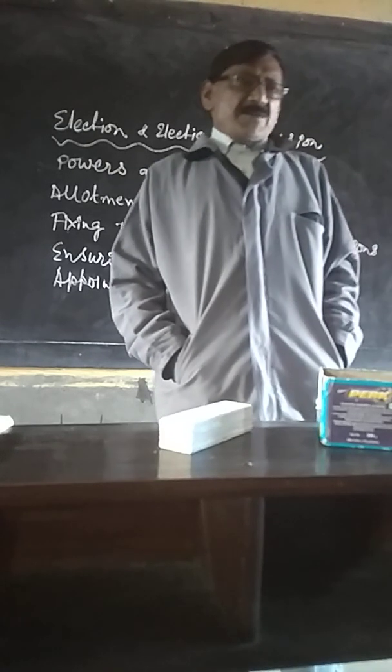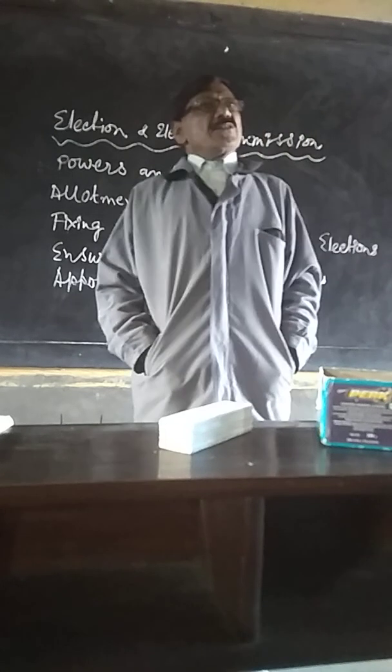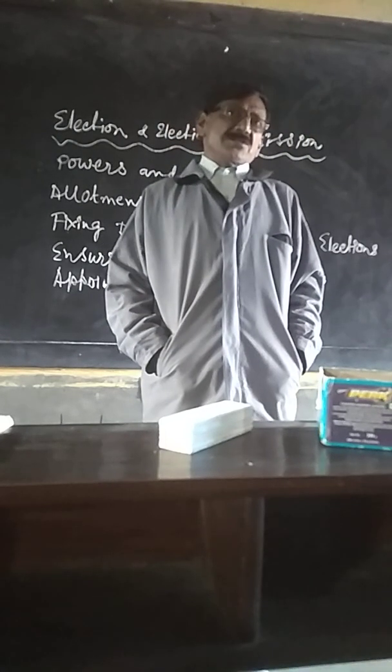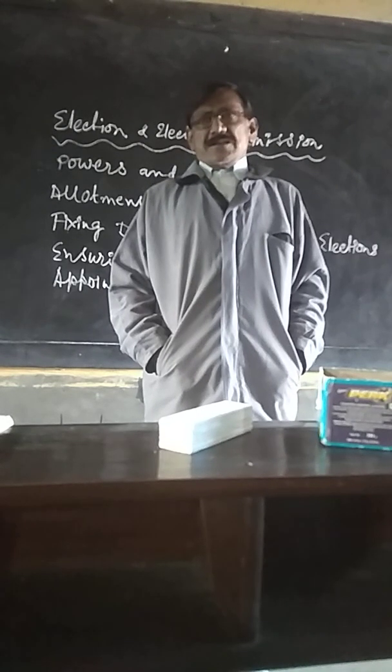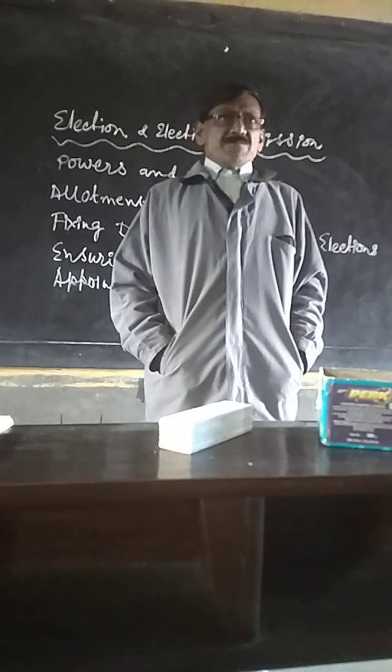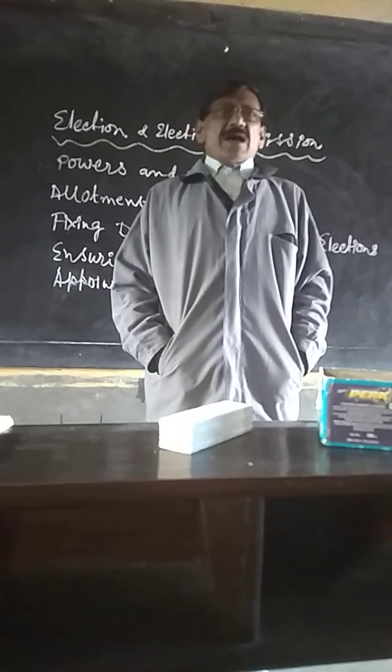Because conducting free and fair election is a challenge of the election commission. Since the election commission is the head of the entire procedure of conducting election, its first and foremost duty is to make sure free and fair election.